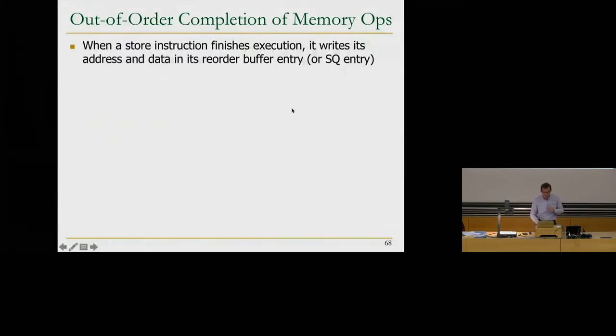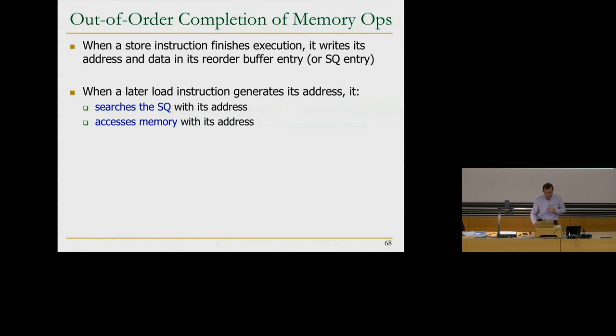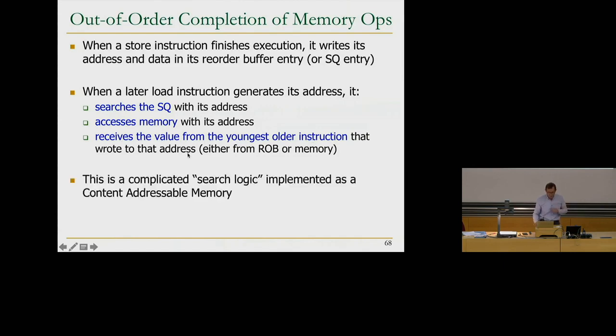When a store instruction finishes execution, it writes its address and data in its reorder buffer entry or the store queue entry. When a later load instruction generates its address, it searches the store queue with its address. We're going to look at how bad that search is. And it accesses memory with its address, and it receives a value from the youngest older instruction that wrote to that address, hopefully.